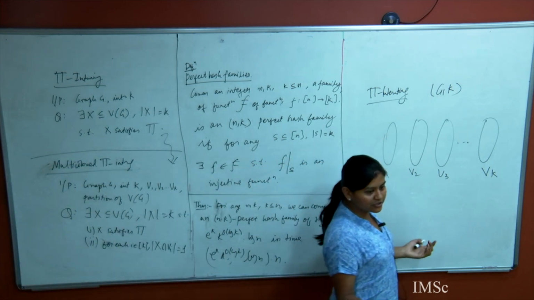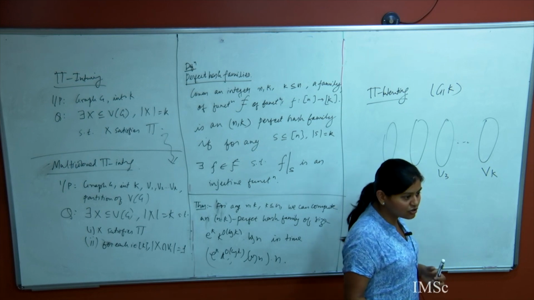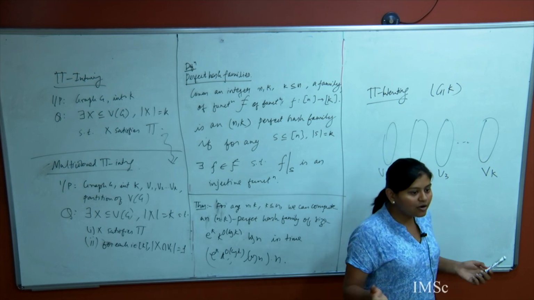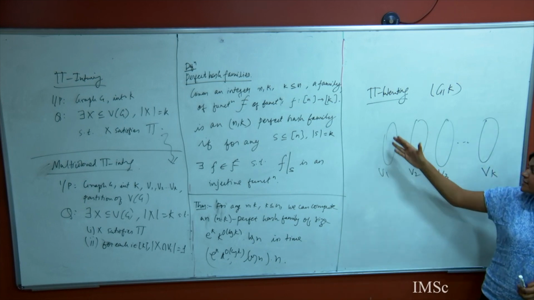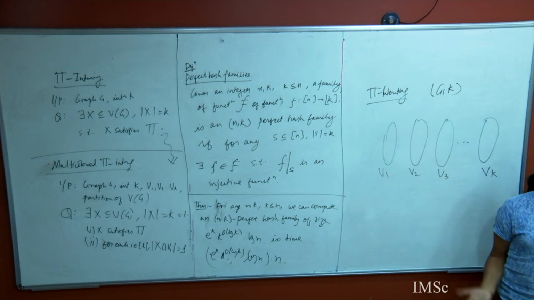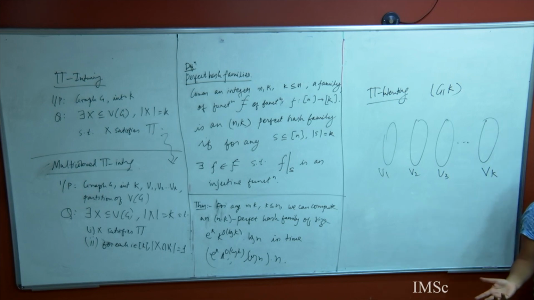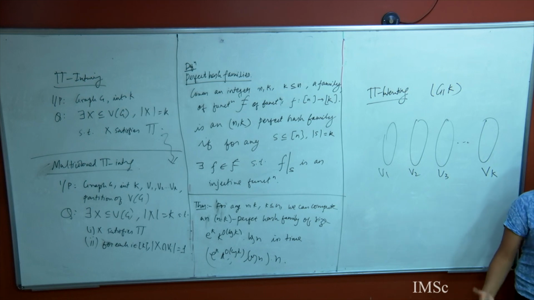Suppose there is a unique solution, and somehow our coloring was not good and we ended up coloring all vertices of X and putting everything in V1. Then it's a problem because there was a unique solution. So we cannot say it exactly, but we can say that with good probability we are good enough.